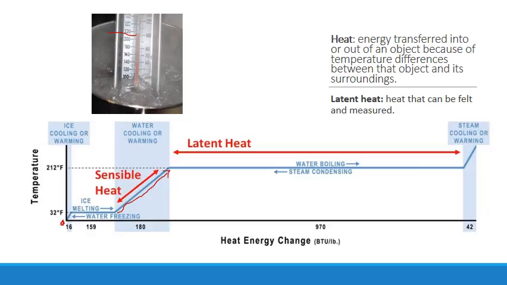So no temperature change measurable as long as the water is boiling or as long as the ice is melting. So sensible heat is that heat that we can feel, measure, but it doesn't involve a phase change. It's called sensible heat because it can be sensed.